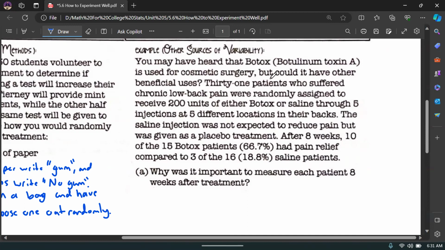But to eliminate time from being a factor, if everybody's measured at the same time, then there's no variability in that. There's no variability in time because it's all the same. It's all uniform for everyone. So the only thing that was different then was, well, how well are these people feeling at that specific time?